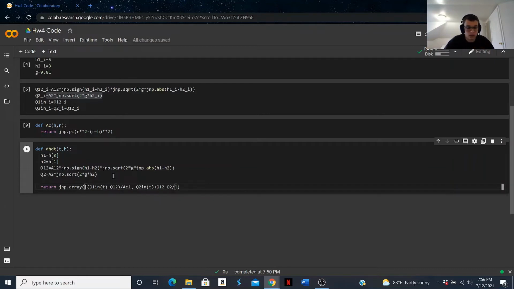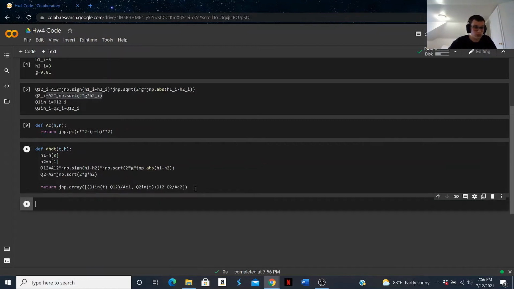And that is divided by the second AC2, our second cross-sectional area. And then if we run that, it looks like we're good.